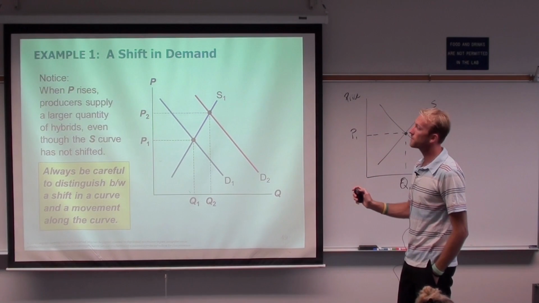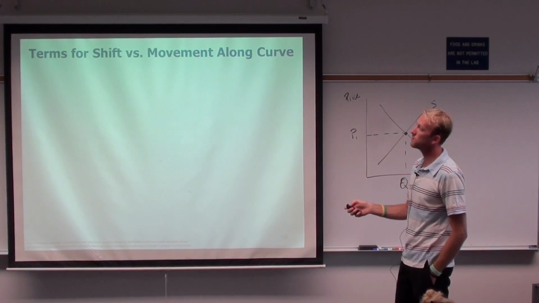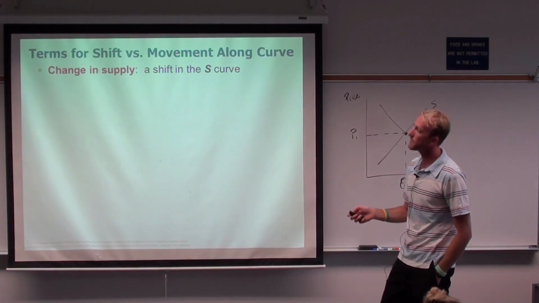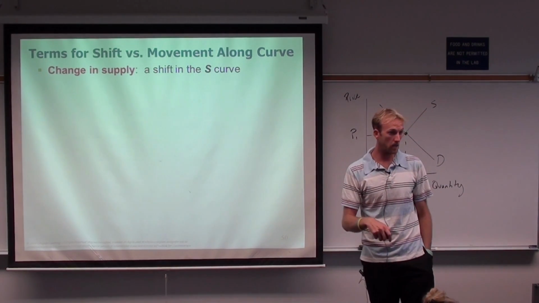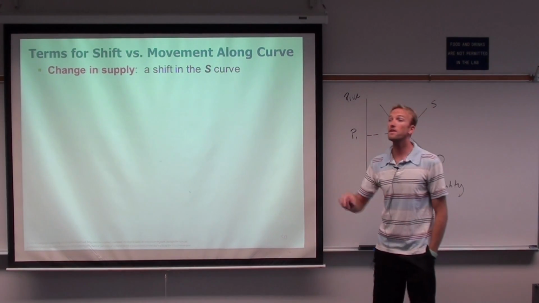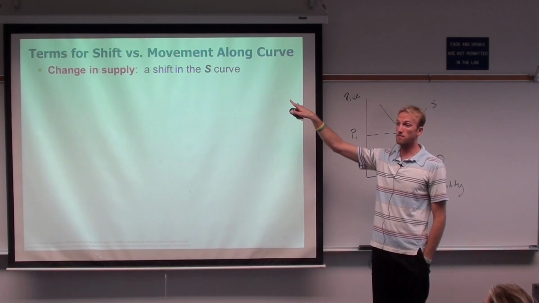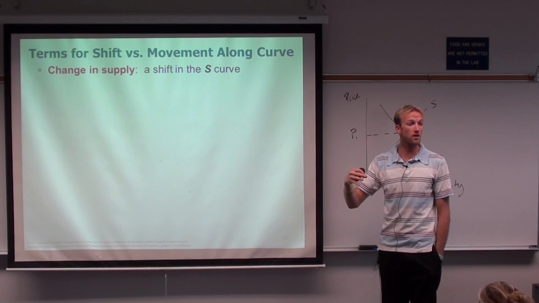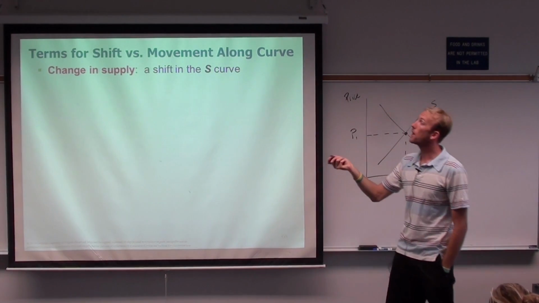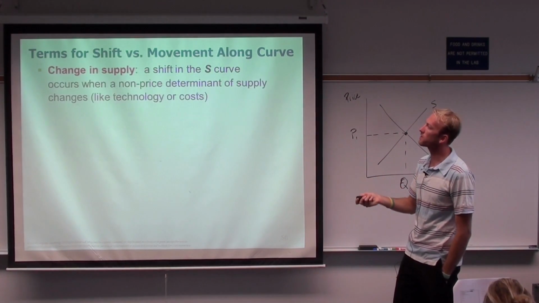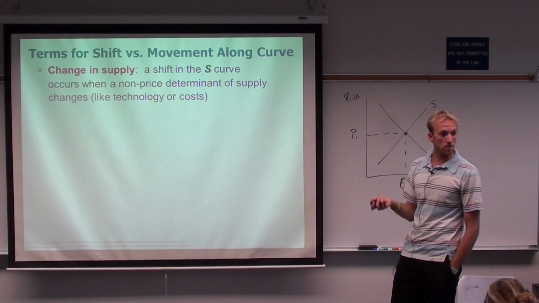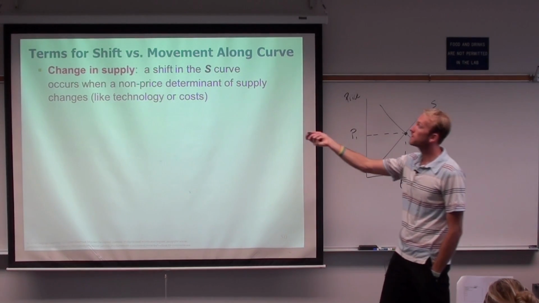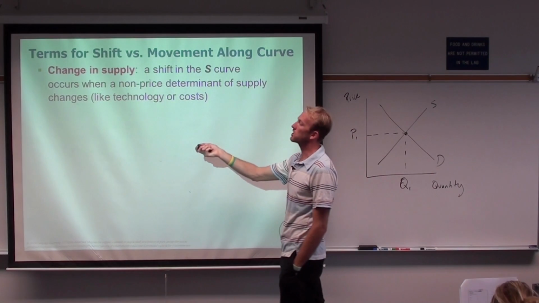There are two different terms that we use to talk about that. If I say a change in supply, this did not occur in this last problem. We did not have a change in supply. But if the whole supply curve changes, we call that a change in supply. We represent that by a shift in the supply curve, and it only occurs when some non-price determinant of supply changes.